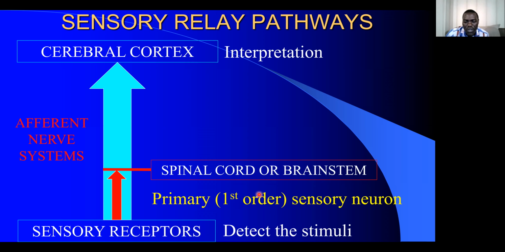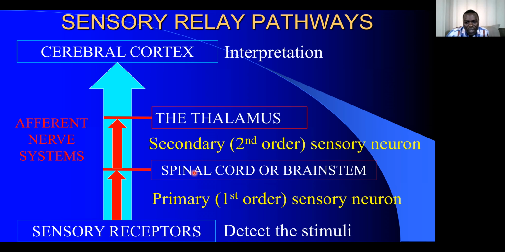So the first order neuron is the one that forms sensory ganglion. Well, so the dendrites will come from the receptor, then the cell body will be somewhere in the middle, and then the axon will enter the spinal cord or brainstem. It can terminate in the spinal cord or can terminate in the brainstem. It terminates by synapsing with the second order sensory neuron.